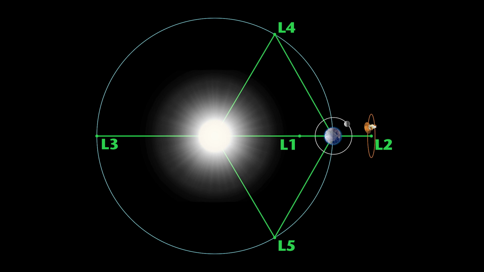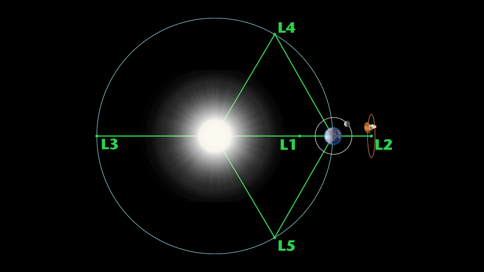The unstable Lagrange points, labeled L1, L2, and L3, lie along the line connecting the two large masses. The stable Lagrange points, labeled L4 and L5, form the apex of two equilateral triangles that have the large masses at their vertices. L4 leads the orbit of Earth and L5 follows.